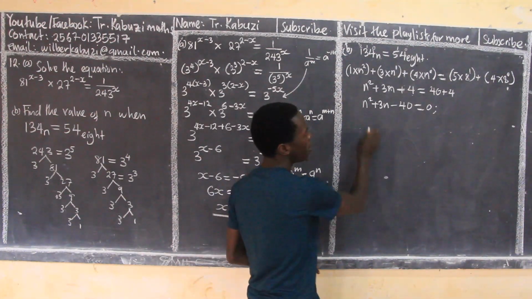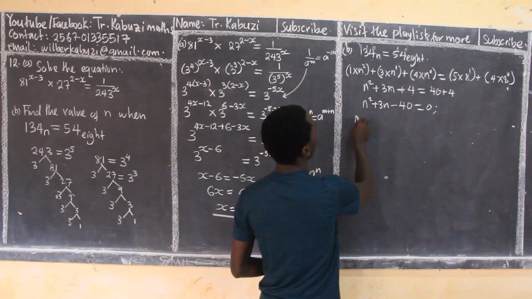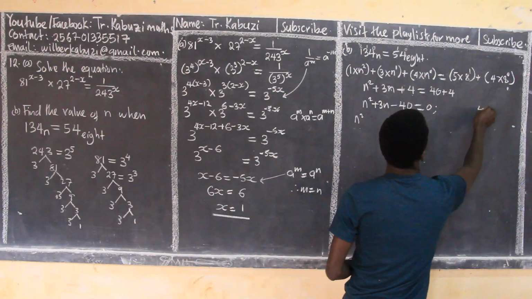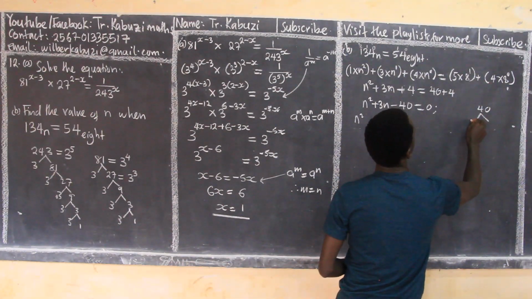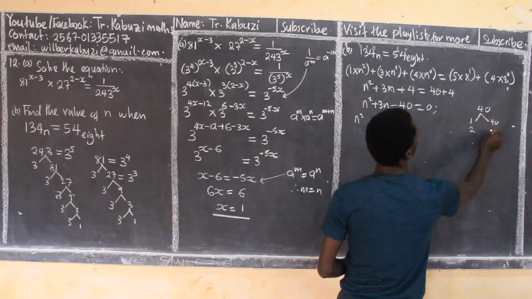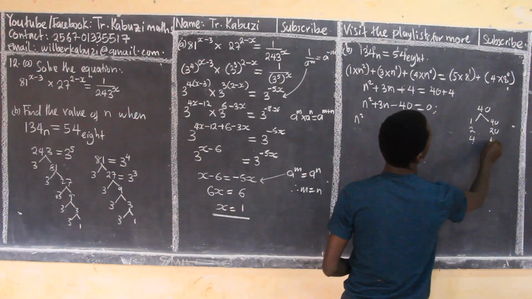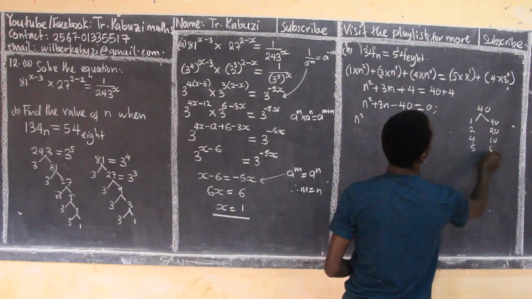So here I'm going to use the factorization method, so the factors there will be n squared. You just say I have 40, I have 1 and 40, I have 2 and 20, I have 4 and 10, then I have 5 and 8.